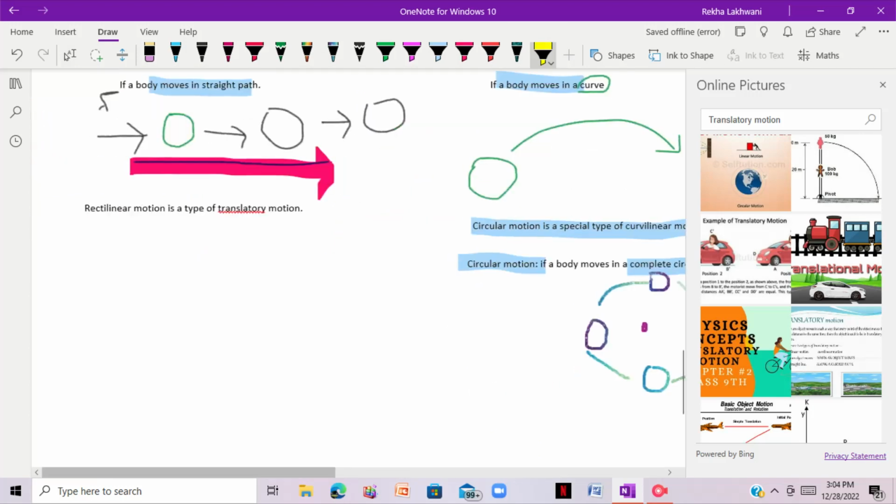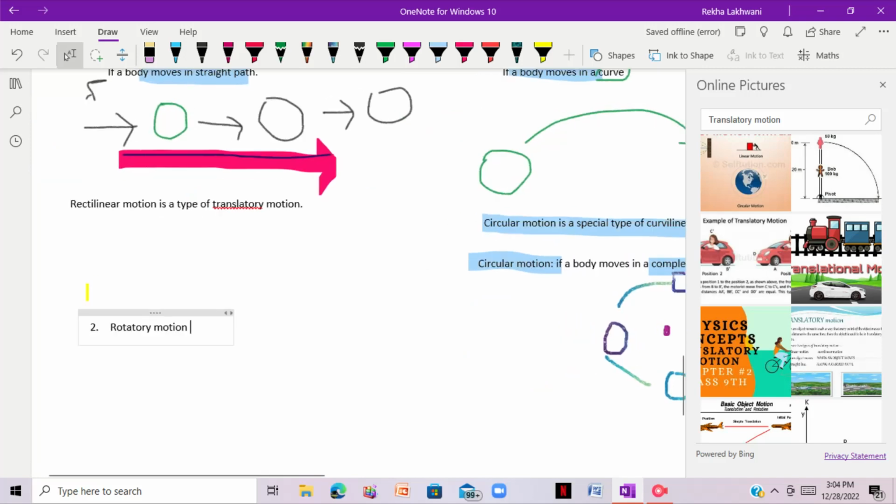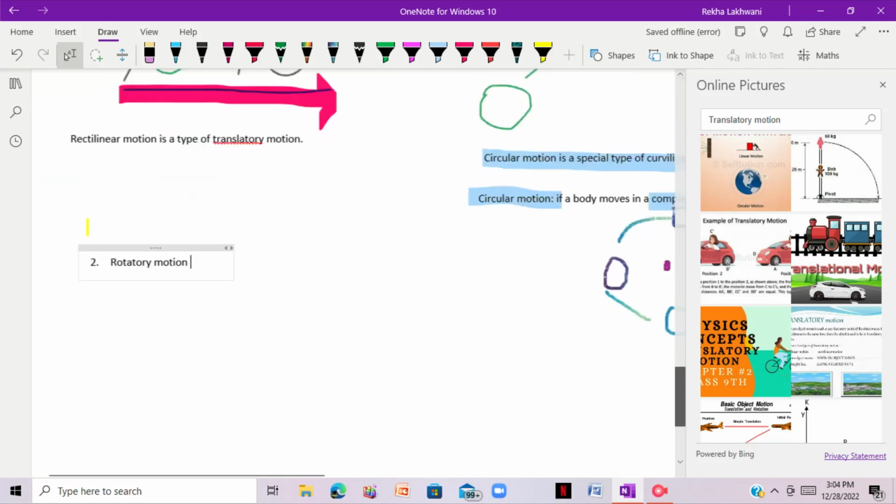Let me find an example over here. Rotatory motion. Basically, our Earth is the most common example of this rotatory motion.